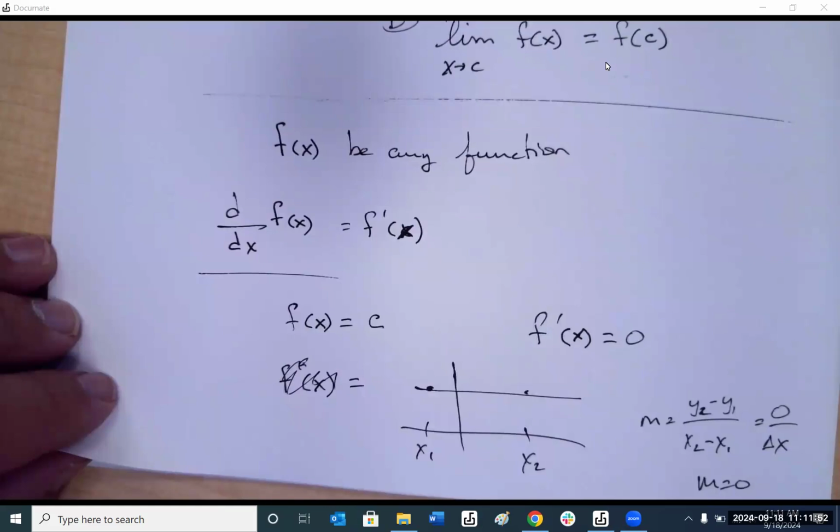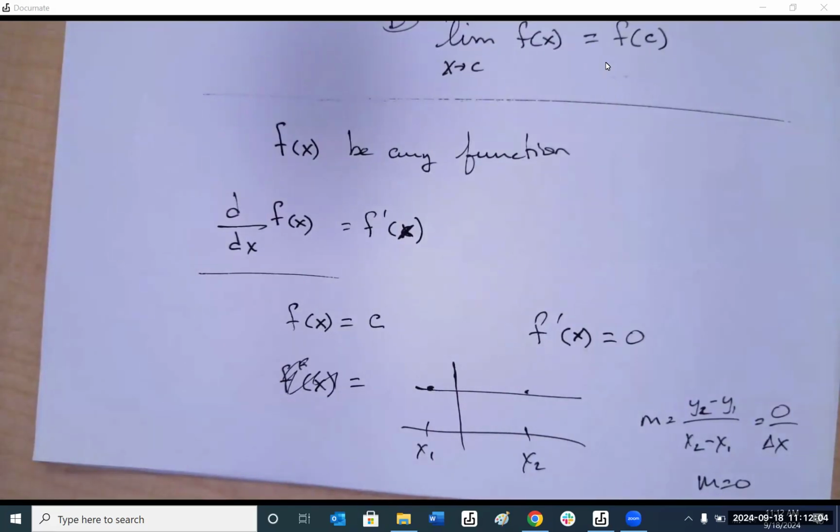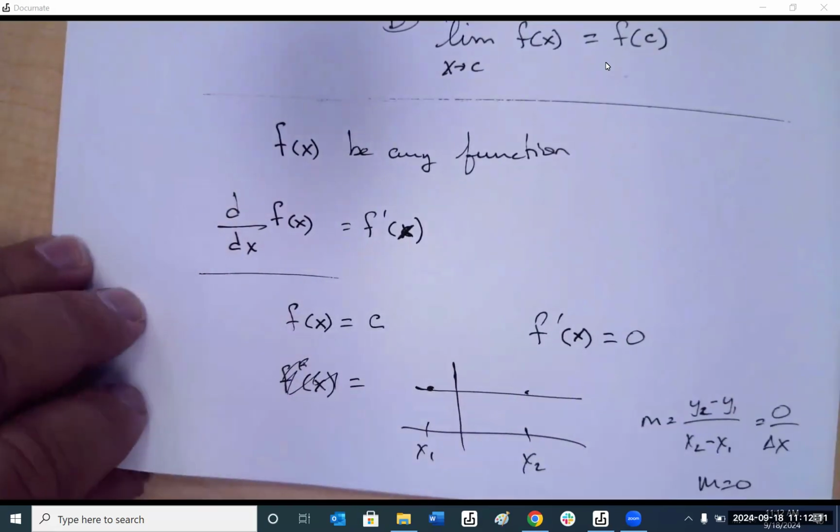So what we're going to do in this chapter, in chapter 2, we went through the whole gamut of epsilon delta proofs, then the proofs using the limit, the difference quotient. Now we're going to go straight into the shortcuts.